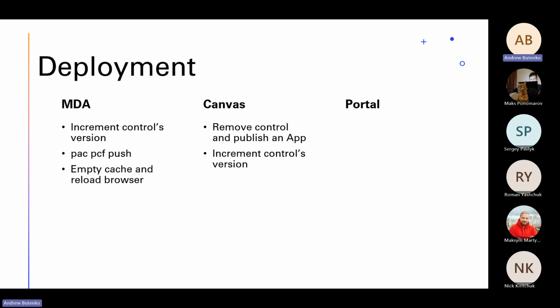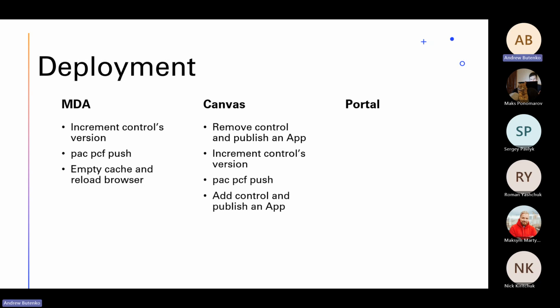Next step, increment the control's version. Another crucial step, like we had in model-driven apps, always do it. Don't forget about it. Then the PCF push command in order to bring the PCF control into your Dataverse environment, because otherwise we won't be able to use it in the Canvas app. It does not always sound logical, but it is what it is.